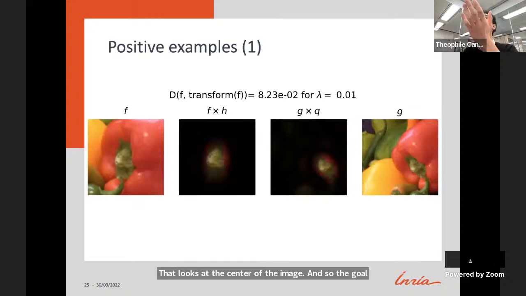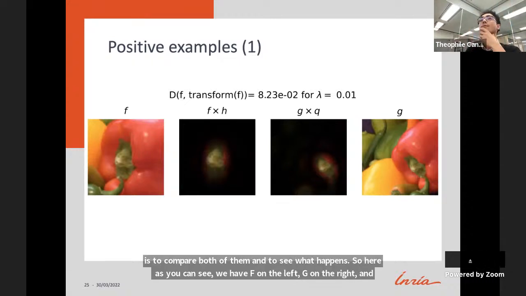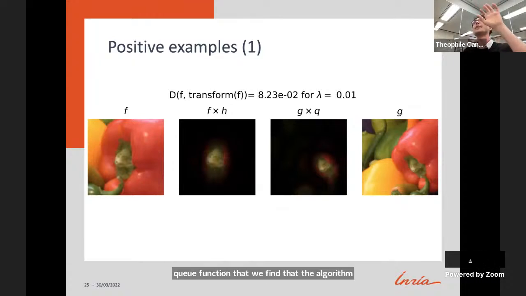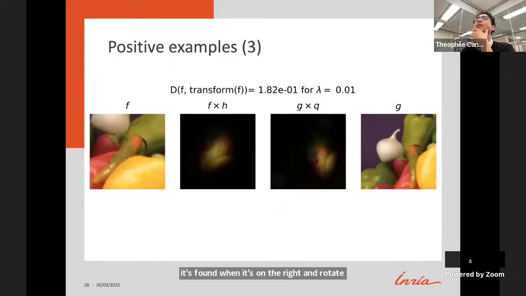Here, as you can see, we have F on the left, G on the right, and in the middle, I overlay F with the H function and the Q function that the algorithm finds, right? And what we can see is that the stem of the pepper is the one that's selected by the algorithm, and it's found when it's on the right and rotated, right?